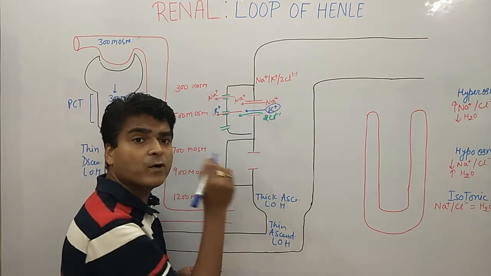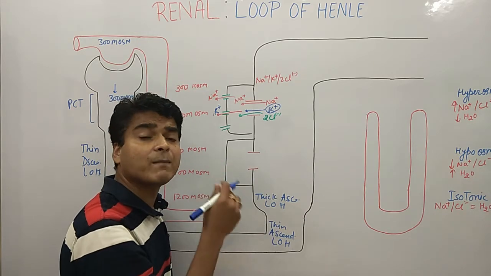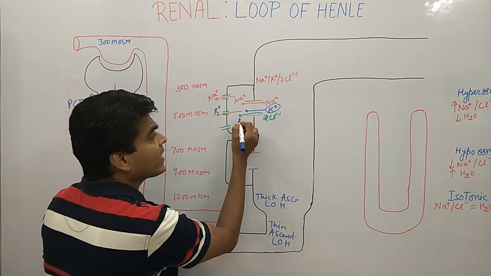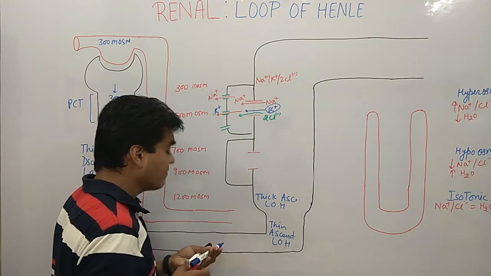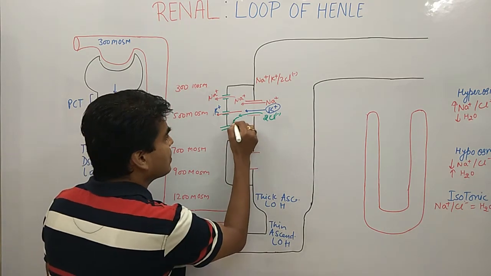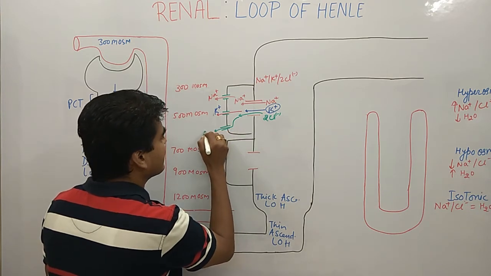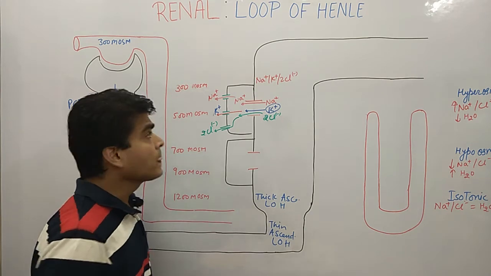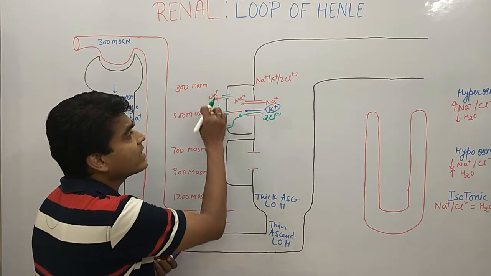A little bit of potassium remains in this area as well, and I will discuss this area after some time. And then the chloride, what happens with it? This chloride is moving in this direction. So 2 chlorides are moving in this direction. Clear everyone? Now there is too much salt coming into this area. The same thing happens in this area.